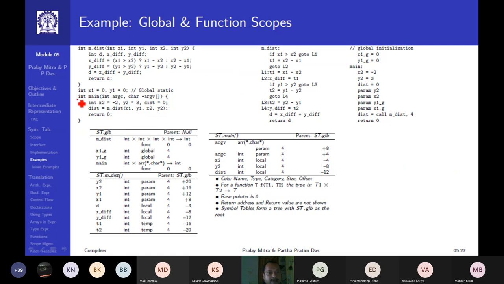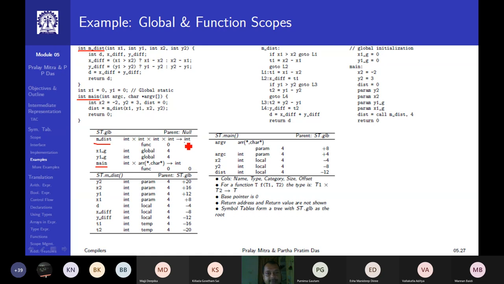Now two function declarations, int main and int mdist, are also global. So the names of those functions I will store here: mdist and main. Now interestingly, what will be its data type? Very simple. You look at the number of parameters and their data types. For mdist, there are 4 integer parameters, so int cross int cross int cross int maps to int.